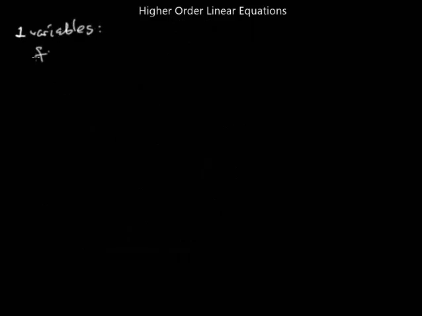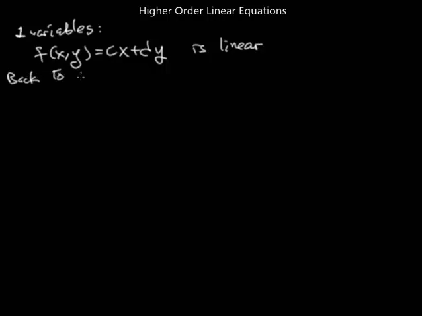And if you had more than one variable, for example a function of two variables x and y, the function cx + dy is a linear function. So that's just to remind you about functions.